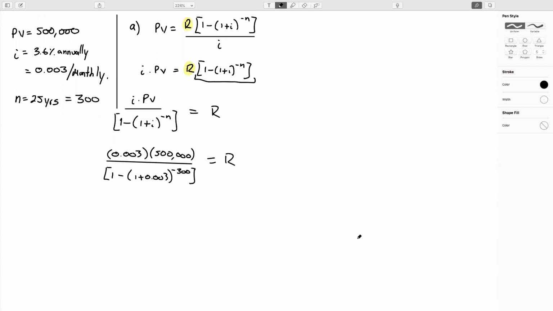And we've got a bit of simplifying to do. Let's simplify the top first. So 0.003 times 500,000, 1,500. Now let's simplify the bottom.